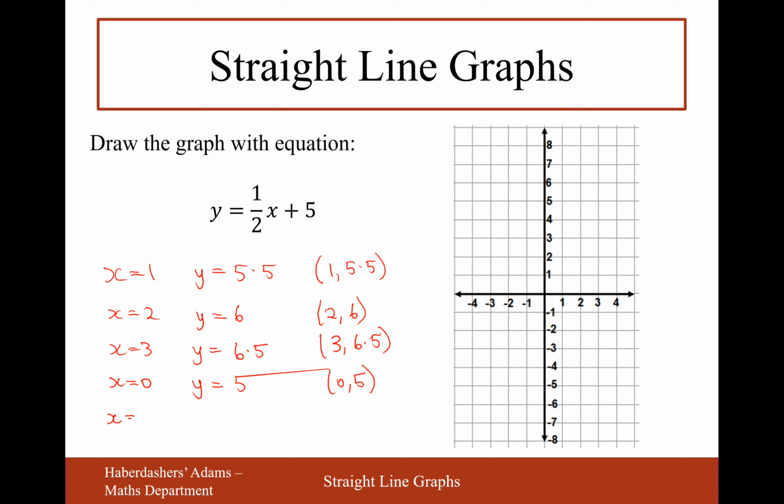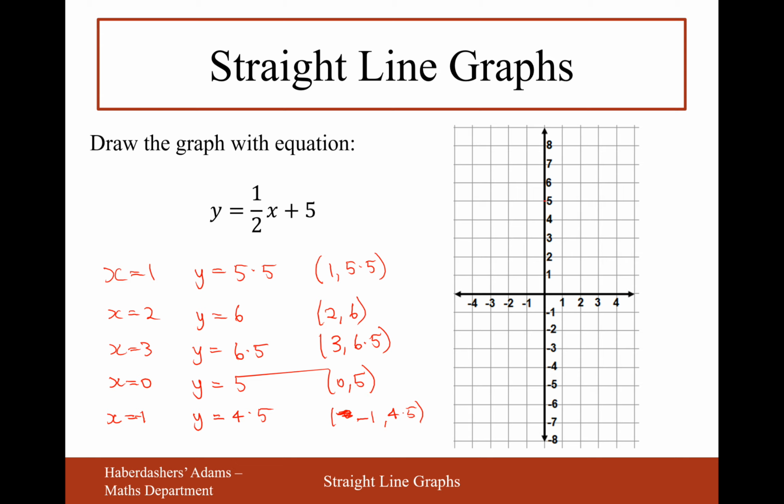And let's just do a negative one just for luck. Y will equal a half times minus 1, that would be minus a half, minus 0.5. Add 5, you get 4.5. So that would be (-1, 4.5). And let's plot those coordinates.